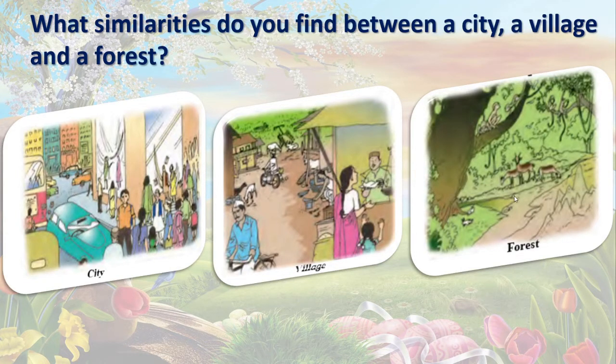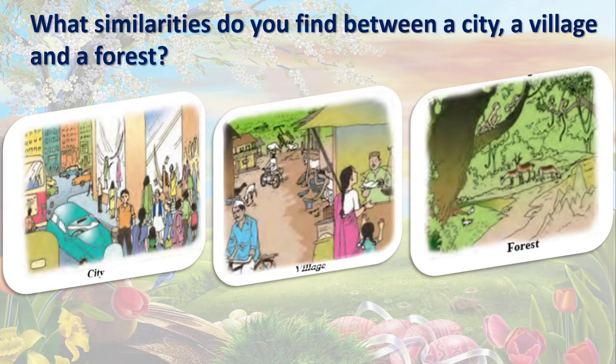In the forest, here also we can see birds, animals, they come under living beings, isn't it? Yes. What are they doing? In all the three pictures, they are trying to satisfy their basic needs. You know, the basic needs of living beings are nothing but food, water and shelter.